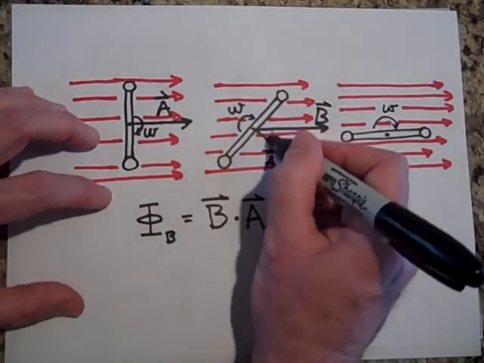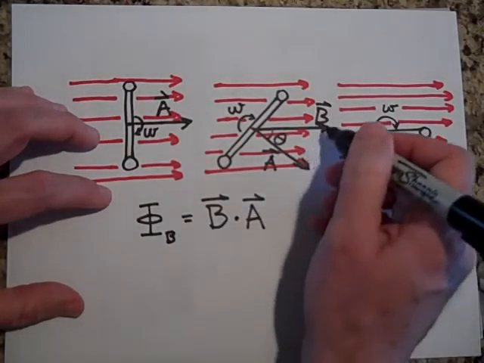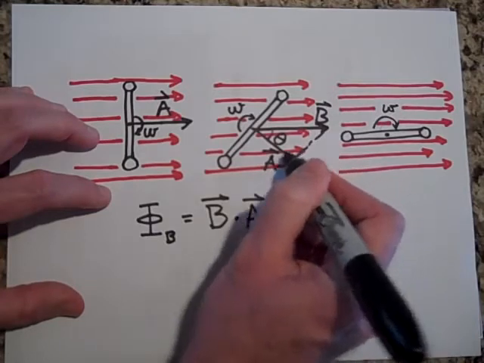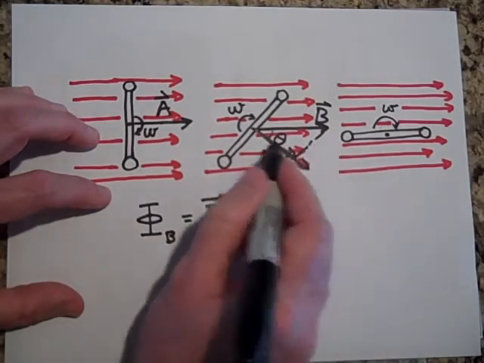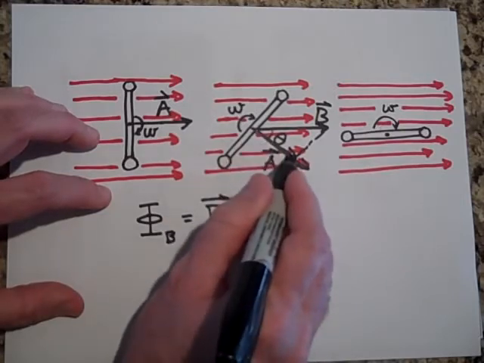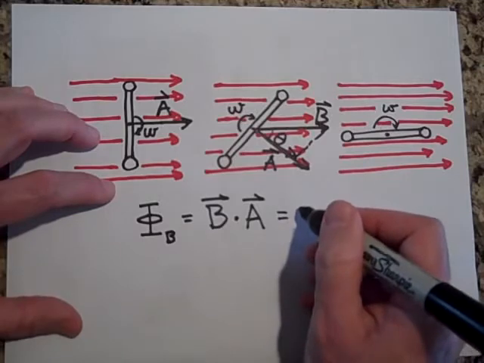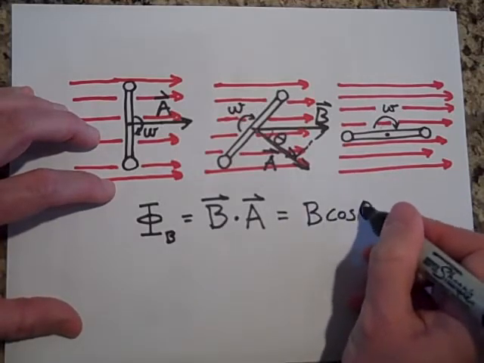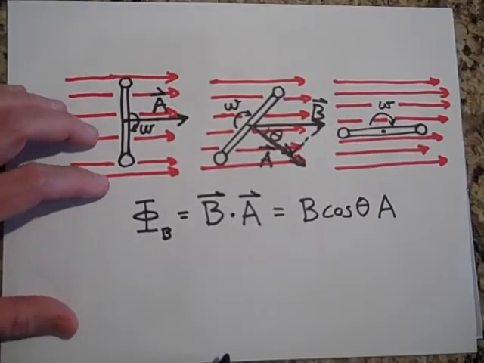If that angle is theta, and I only want the part of B that's in the direction of A, that might be this part. To get this component of B, that is B cosine of theta, times A. That gives me the same thing.